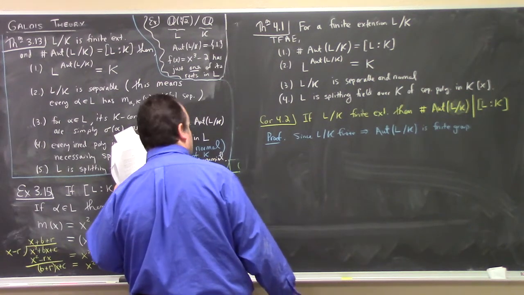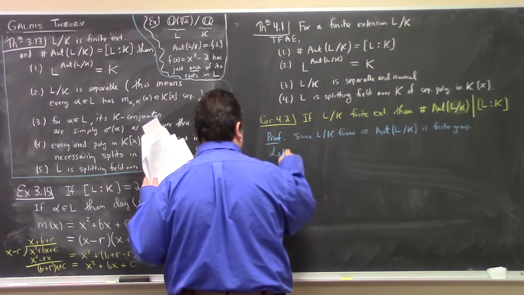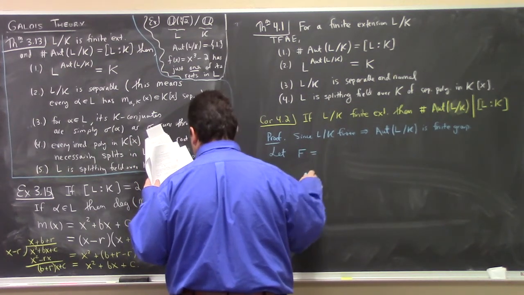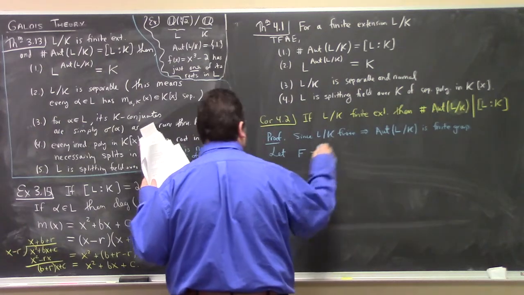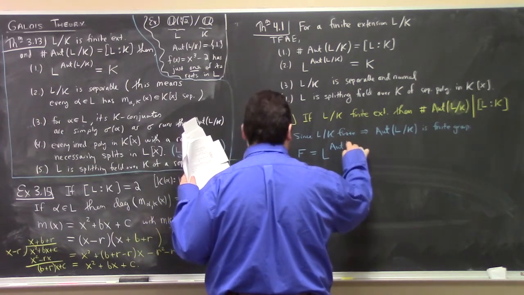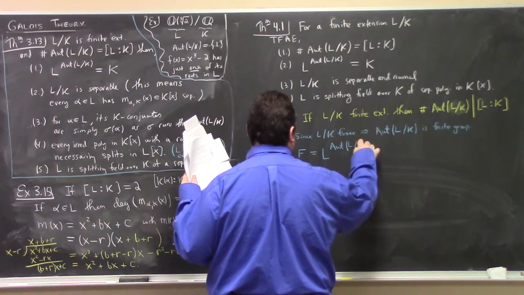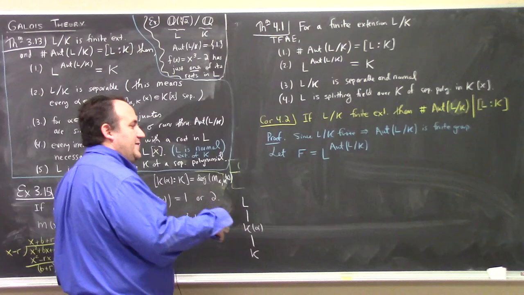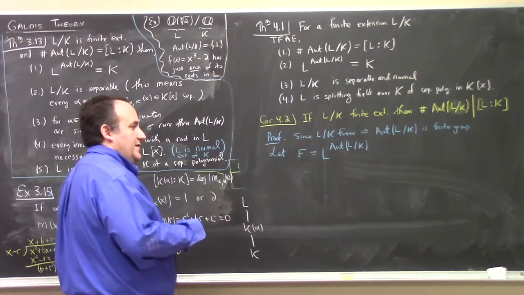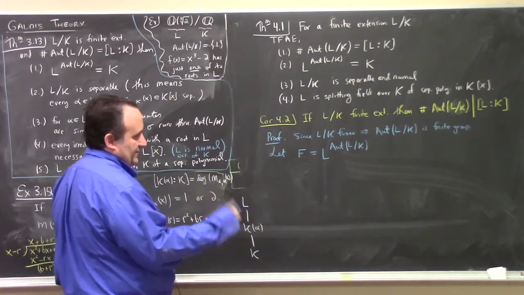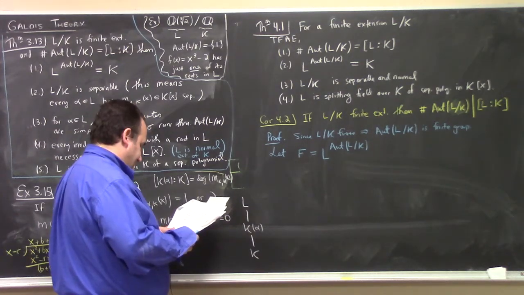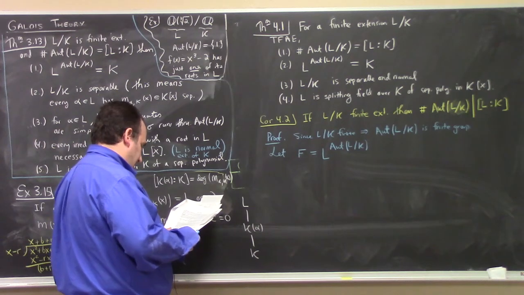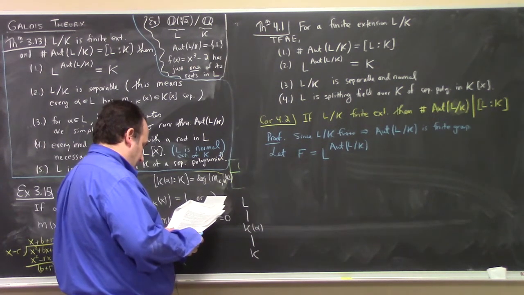He says, let F equal the fixed field of L over k. So in other words, let F be the fixed field of the k-fixing automorphisms of L. Then Aut L over k equals Aut L over F.